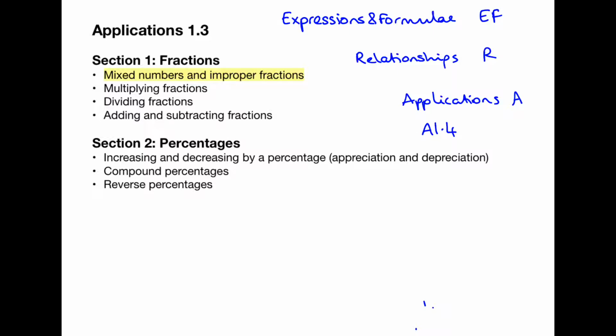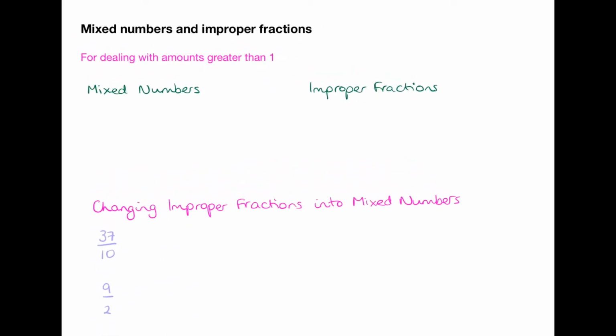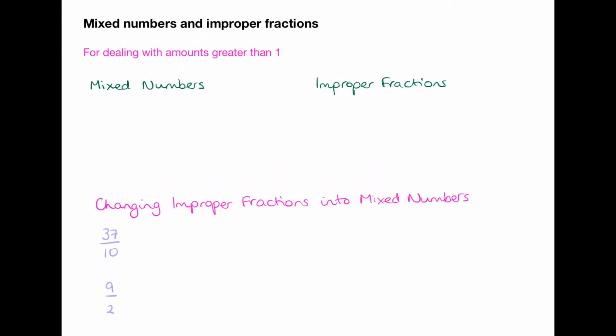Anyway, we're going to look at fractions to start with then, and we're going to concentrate today on mixed numbers and improper fractions. Okay, so we use mixed numbers and improper fractions for dealing with amounts that are bigger than 1.